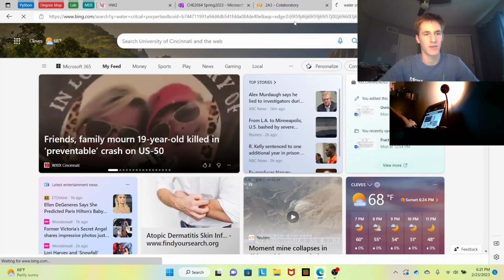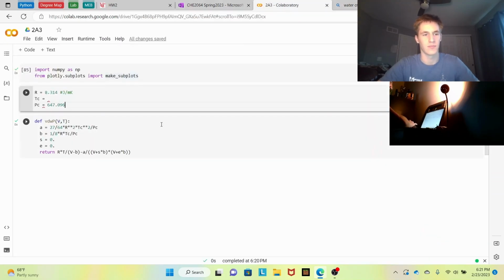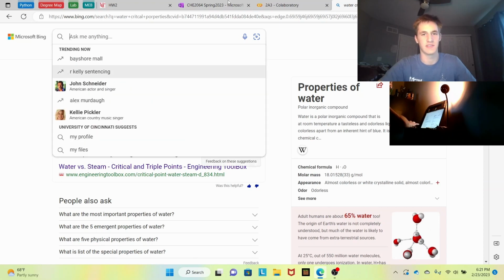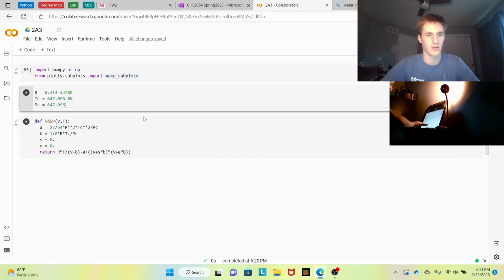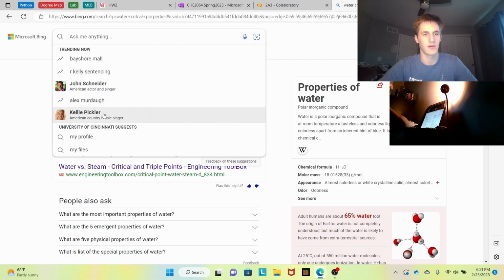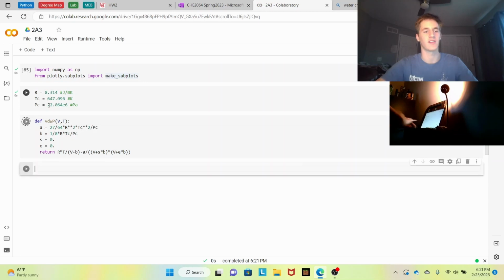So water critical properties: the temperature, 647.096 Kelvin, and our pressure, 22.064. Anyways, we will write that in with E6 pascals.